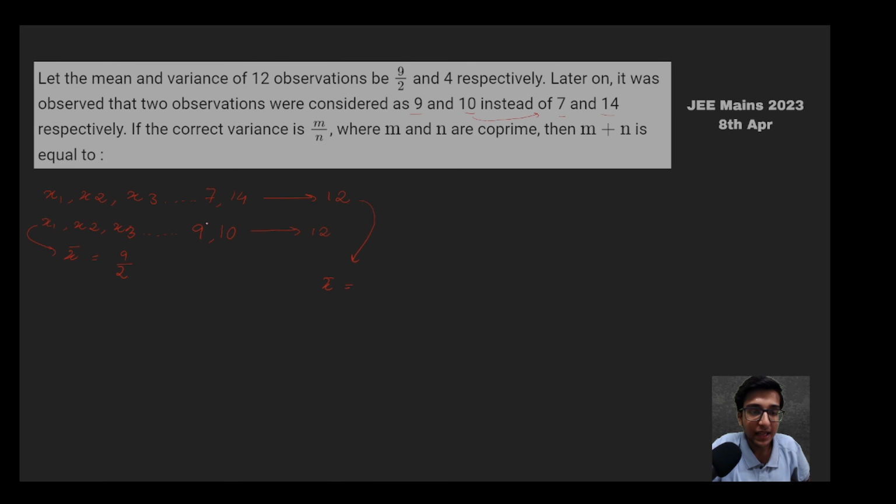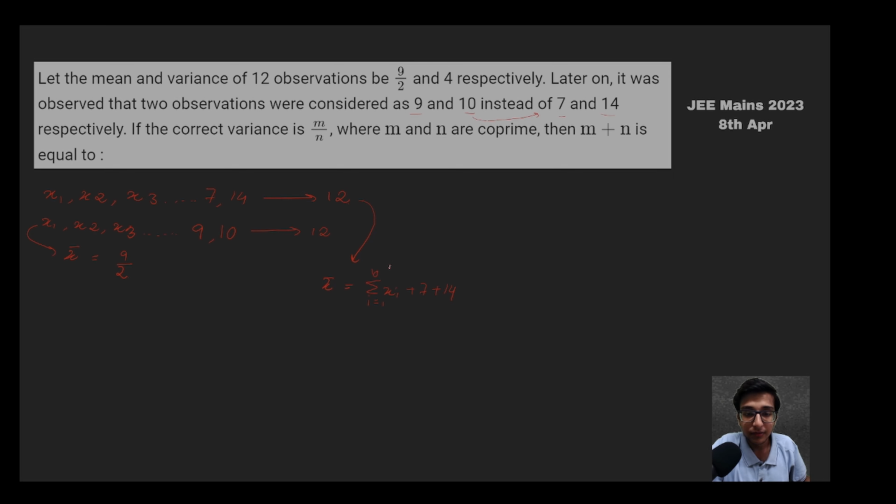So from here we can see that this is summation xi from i is equal to 1 to 10, plus 7 plus 14.